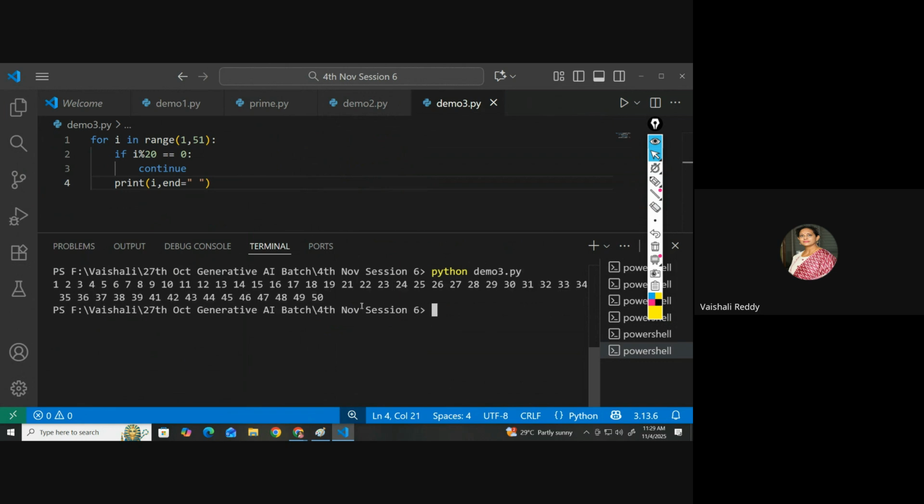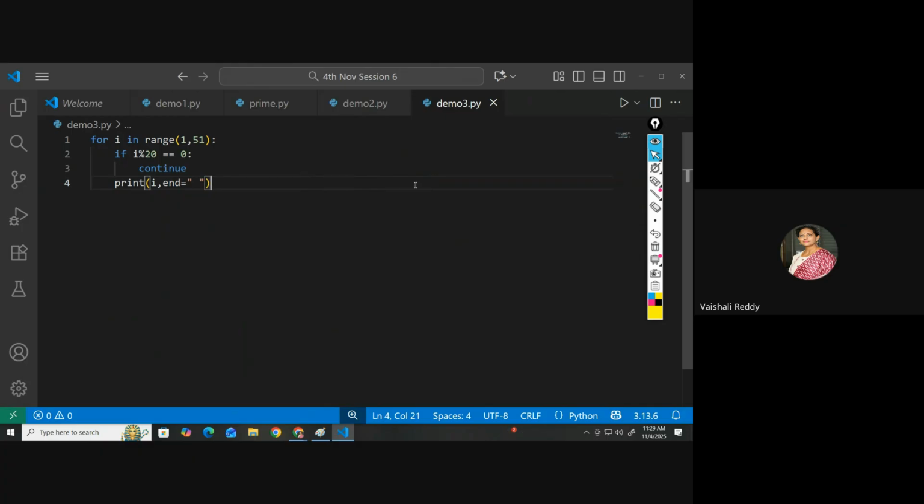If you observe this, you can see 19 and then 21. Then similarly 39 and 40. 40 is skipped and 41 is the answer. So please execute this, everyone. And can you please press the thumbs up if you are clear with the concept of continue?